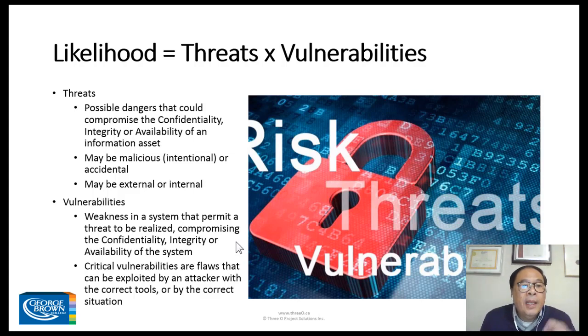So the explanation: a weakness in a system that permits a threat to be realized, compromising the CIA. Critical vulnerabilities are flaws that can be exploited by the attacker with the correct tools or in the correct situation. Using the system and the company as an example, your vulnerability may be that the IT team did not apply the virus prevention program regularly.